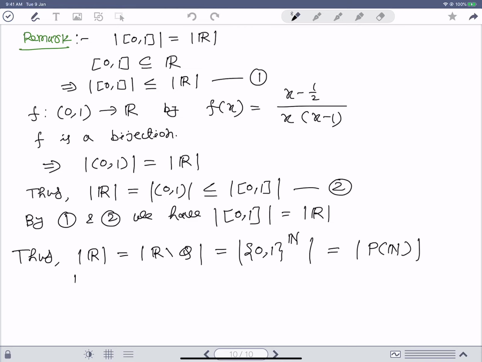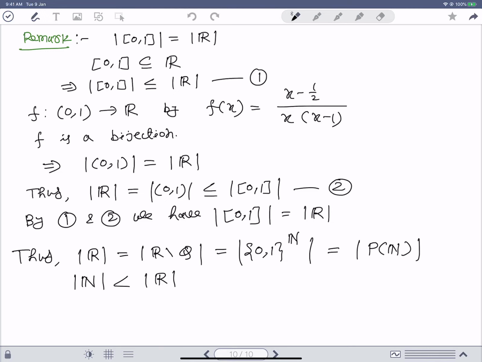And we know that since R is uncountable, the cardinality of the natural numbers is strictly less than the cardinality of R. We also know that the cardinality of N is strictly less than the cardinality of its power set, right? So it should be less than R.